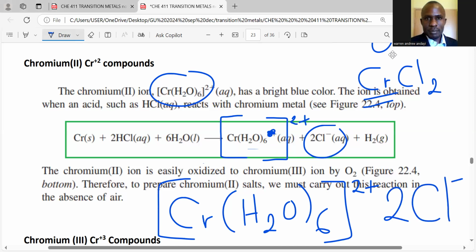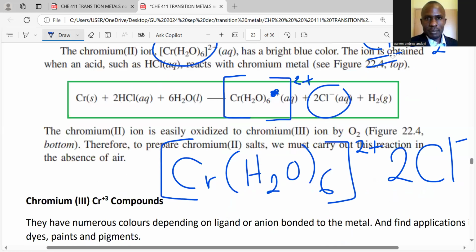So the whole chromium 2 ion will be represented like that. Well, this is quite different from main group elements, because if it were sodium, it would just be sodium chloride, and that is it. Nothing else on it. It will just be sodium chloride, with no water coordinated to it, the way we see for transition metals.